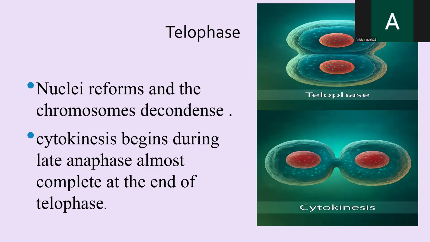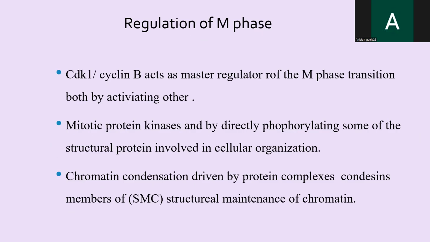Next it is followed by cytokinesis. Cytokinesis begins during late anaphase and almost completes at the end of telophase. Here you can see the two cells separated, each having a nucleus. This is called cytokinesis. Overall, mitosis has prophase, metaphase, anaphase, telophase, followed by cytokinesis. Finally, the cells are divided.